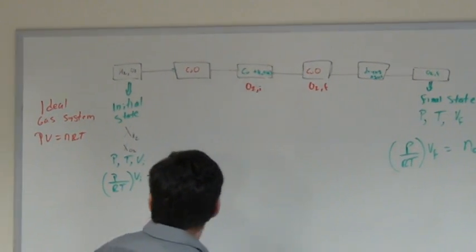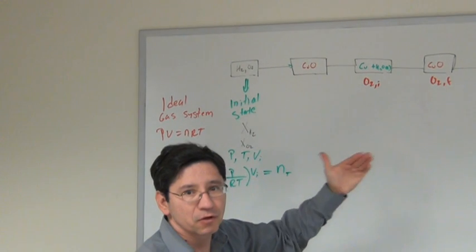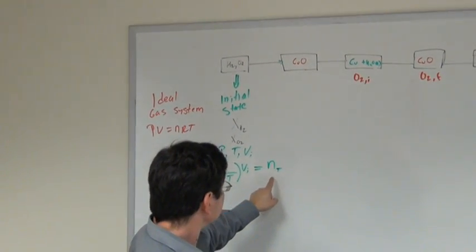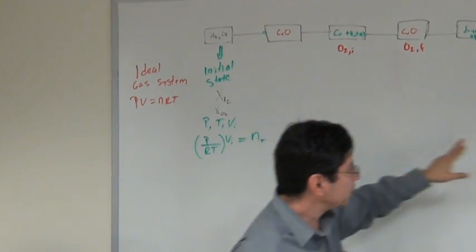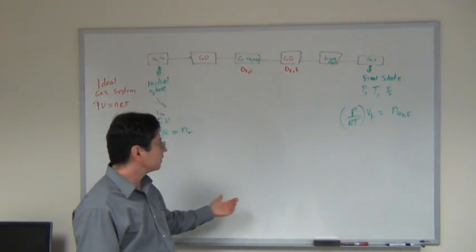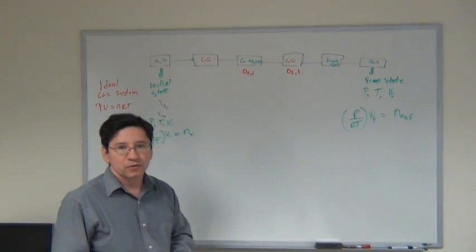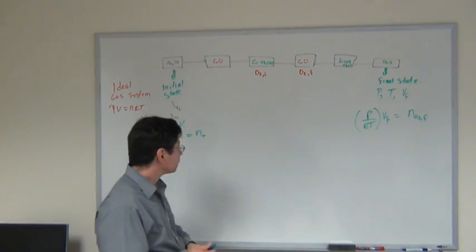Since we are interested in mole fractions, that means part over a total, it seems natural to consider the ratio between these two: the number of moles of oxygen at the very end, divided by the total number of moles at the beginning, as a way to find ratios.